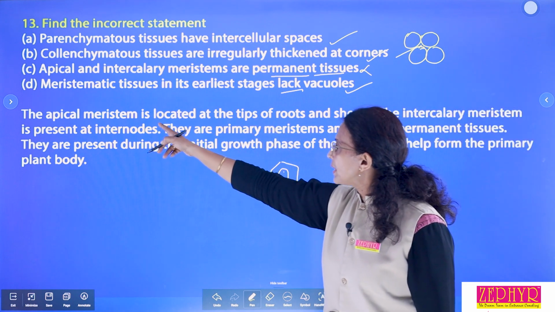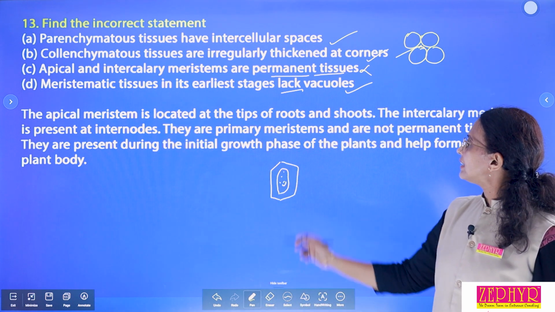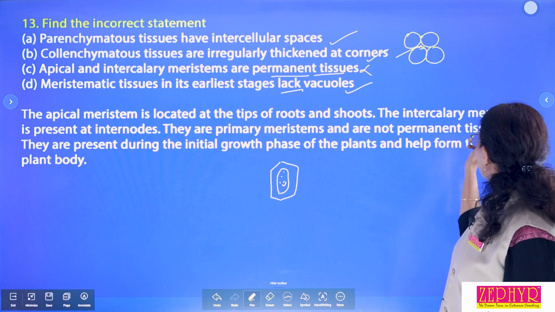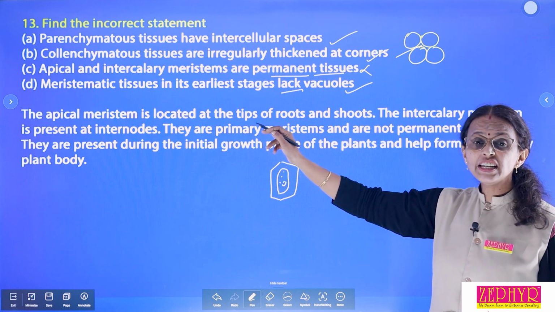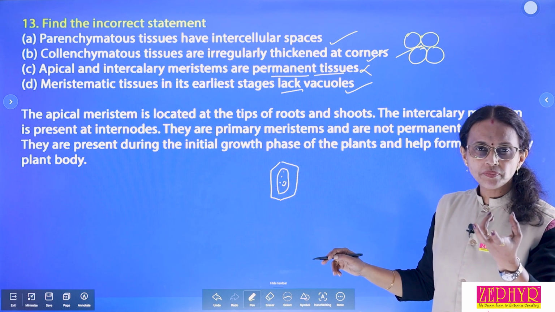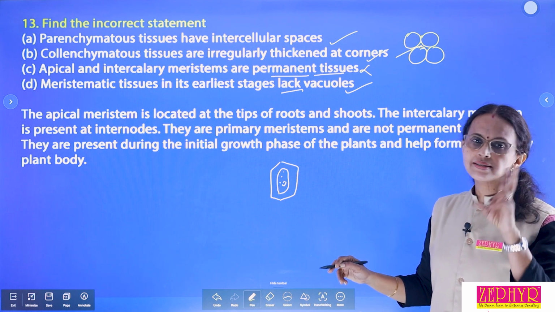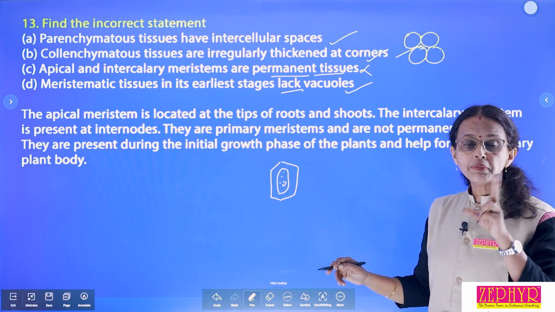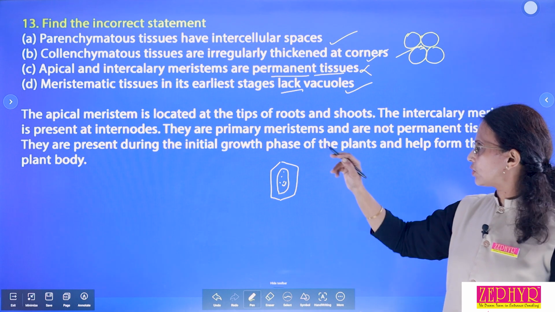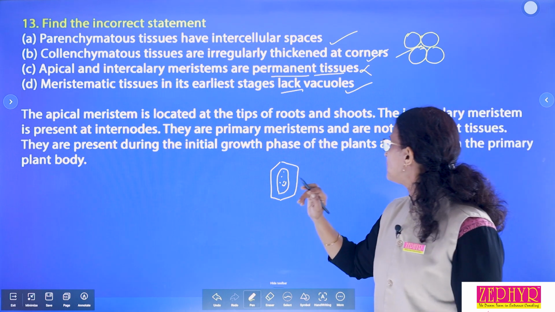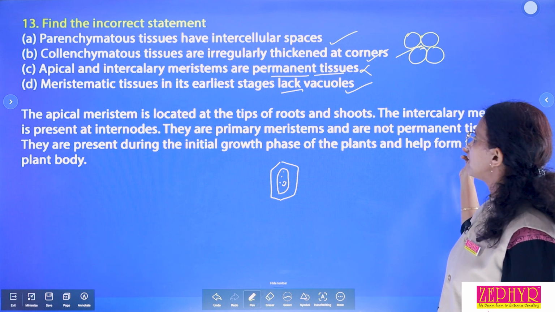See the answer. The apical meristem is located at the tip of root and shoot. The intercalary meristem is present at internode. What do you mean by internode? The space present in between two nodes is called internode. They are primary meristems and are not permanent tissues.